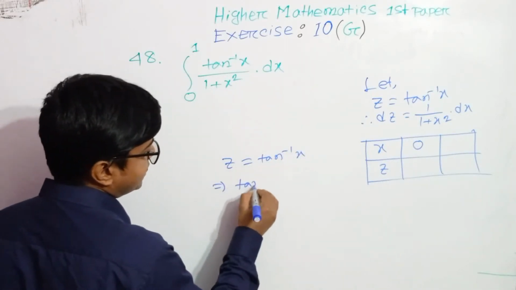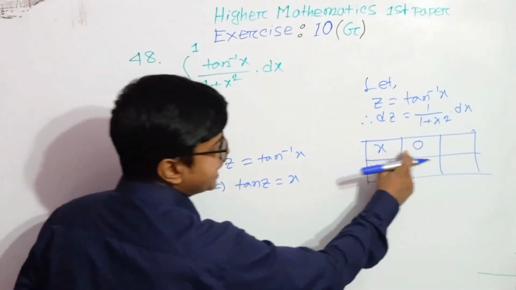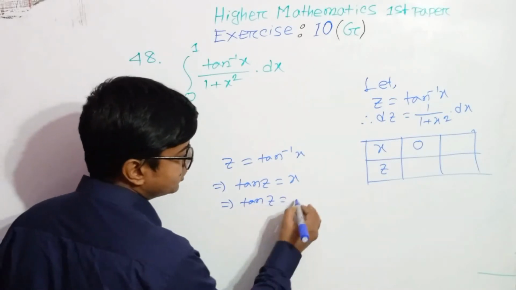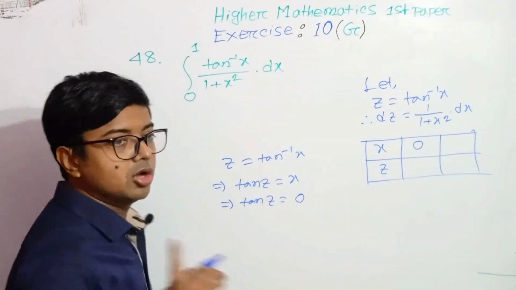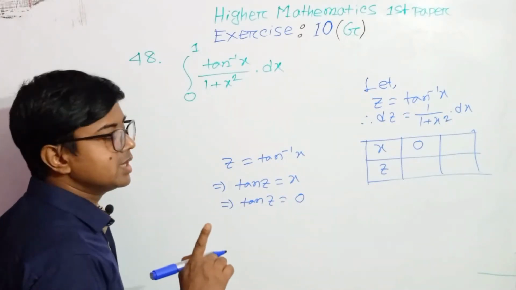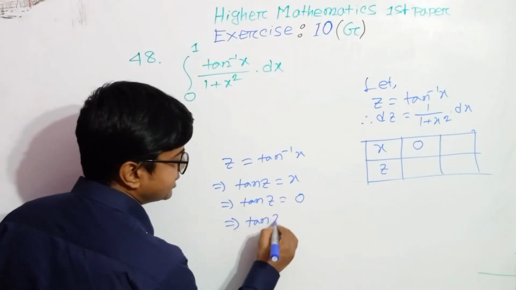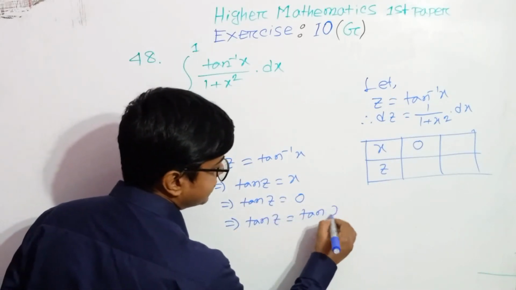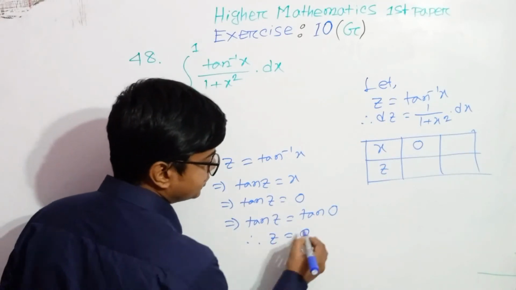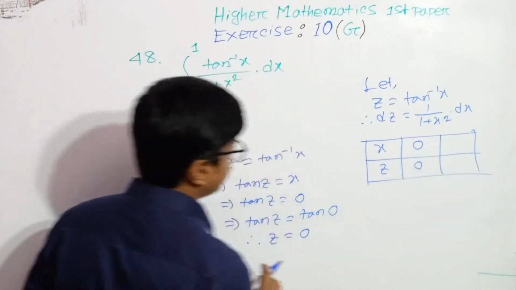We can write tan z equals x, and here x is 0, so we can write tan z equals 0, and we all know that the value of tan 0 degree equals 0, so tan z equals tan 0, therefore z equals 0, so here it will be 0.